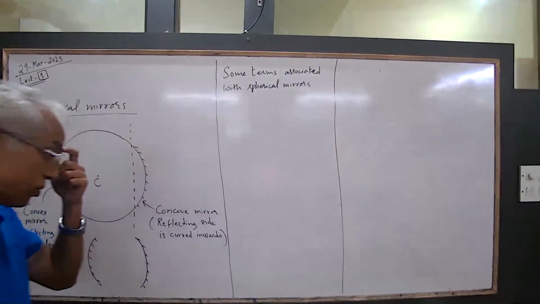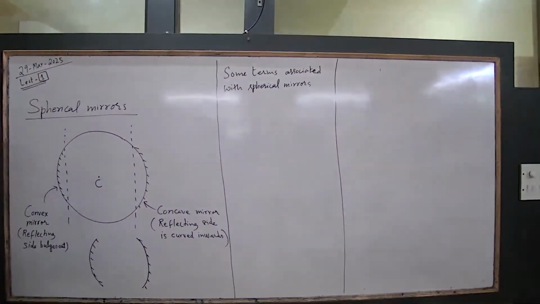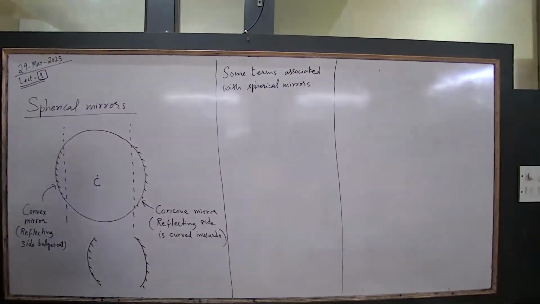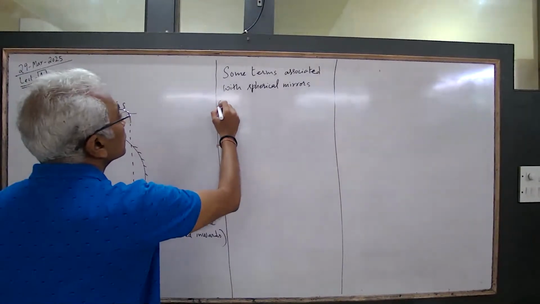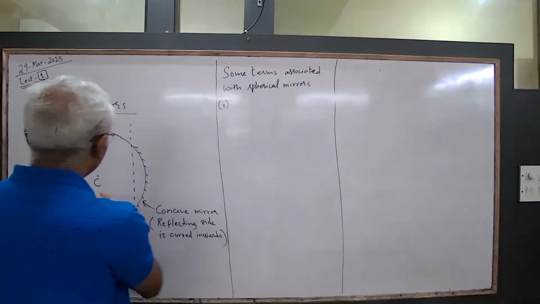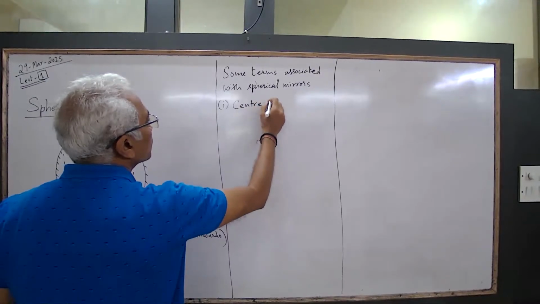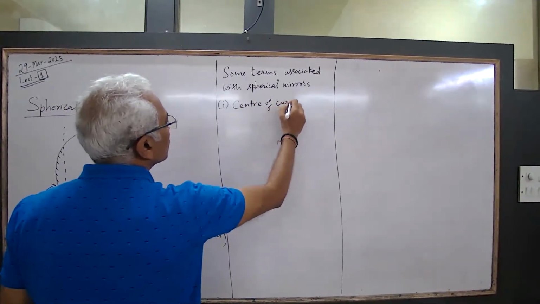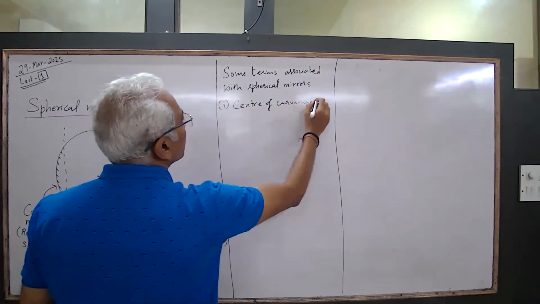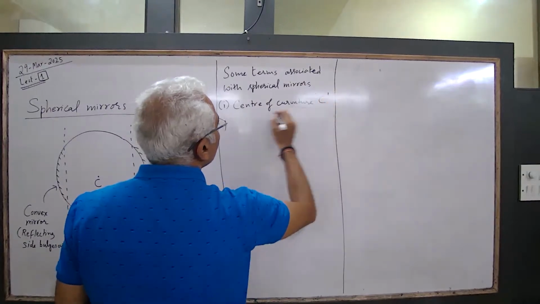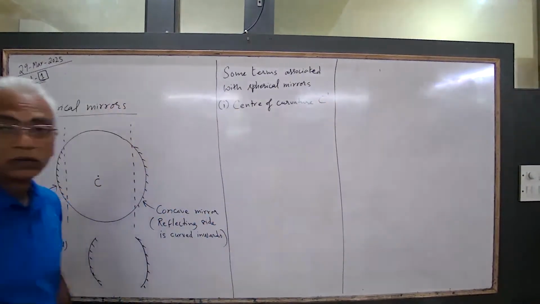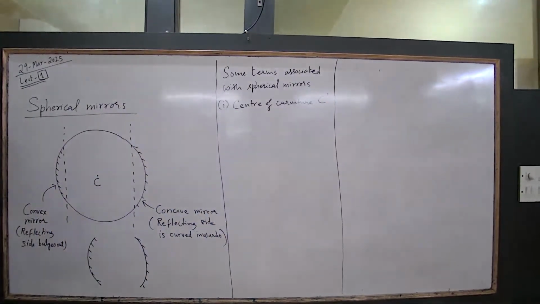Some terms associated with spherical mirrors. First is C, the center of curvature. Its symbol is C. So what is the center of curvature?